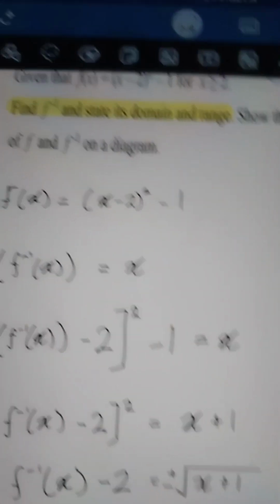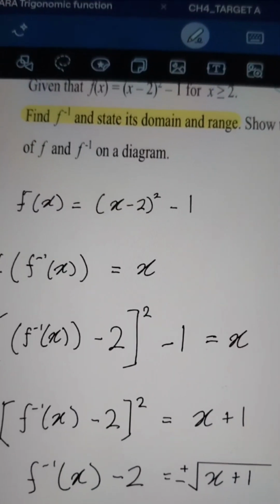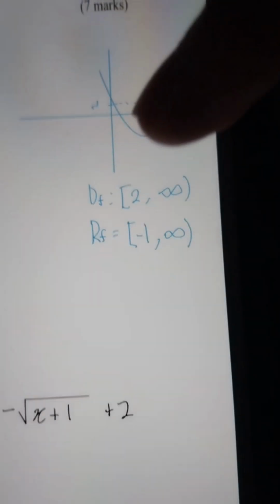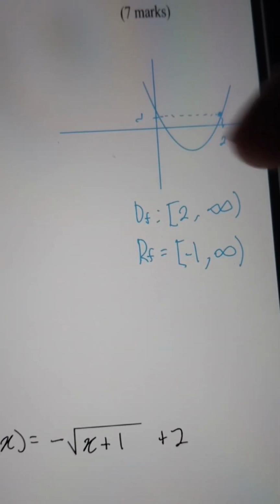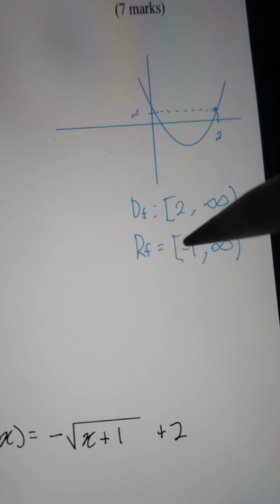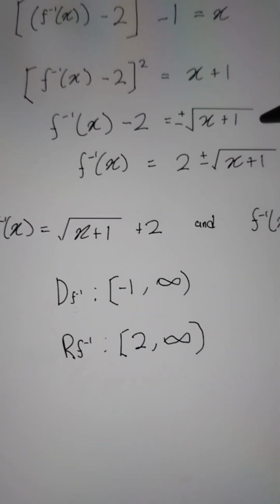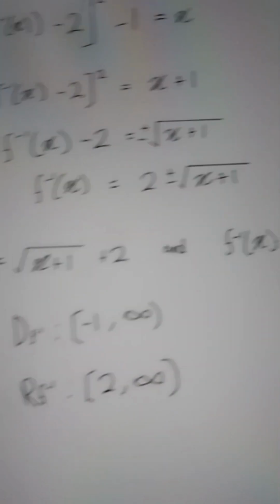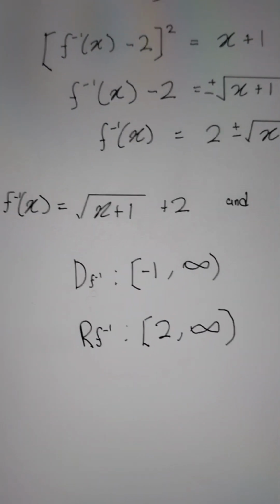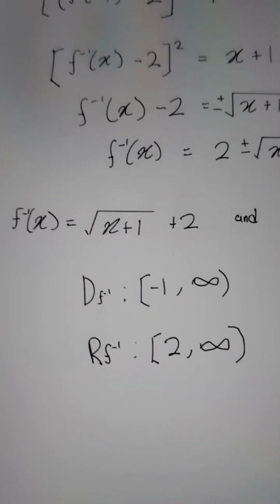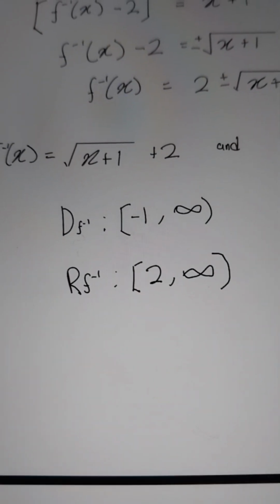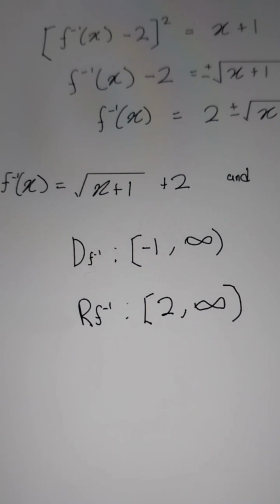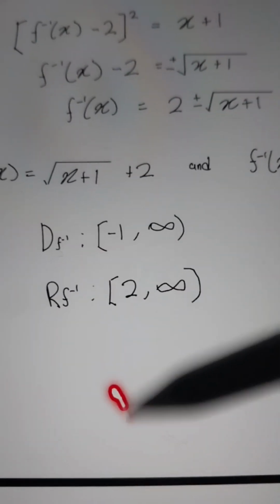And since f inverse is the inverse of f(x), we can conclude that the range of f(x) is equal to the domain of f inverse, and the domain of f(x) is equal to the range of f inverse. Therefore, the domain of f inverse is negative 1 to infinity, and the range of f inverse is 2 to infinity.